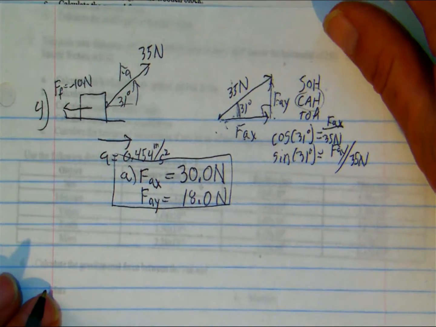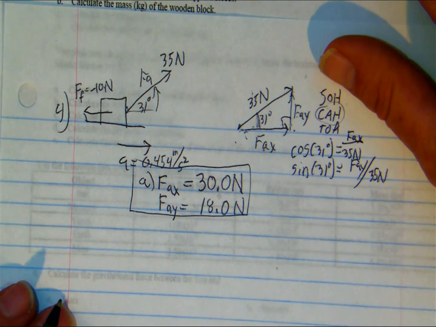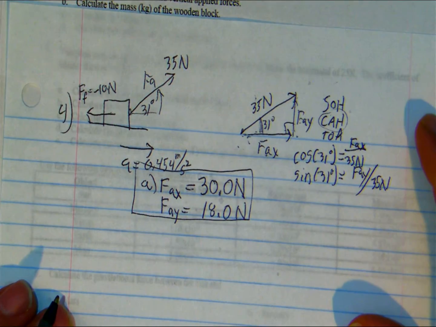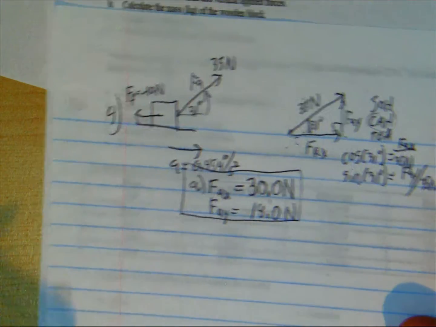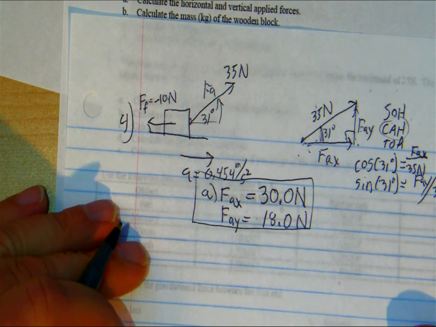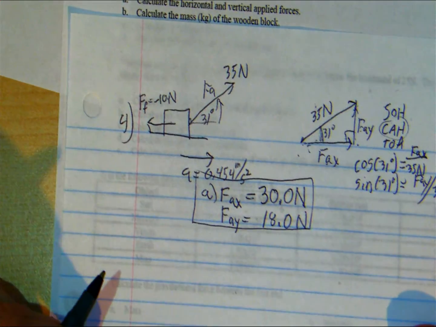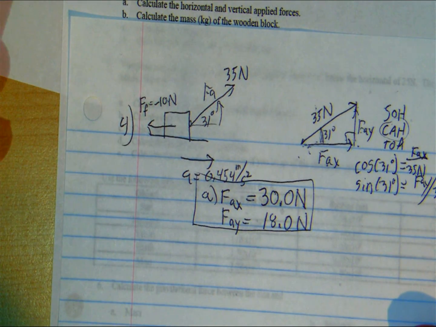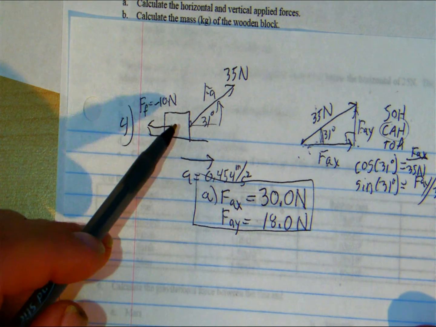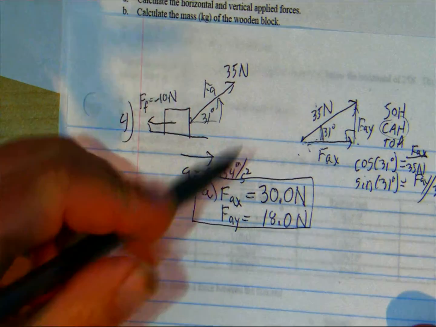Part B, calculate the mass of the wooden block. Interesting, right? So that's an unknown right now. But what we can say is, vertically it doesn't leave the ground. So I'm only interested in what's going on horizontally.